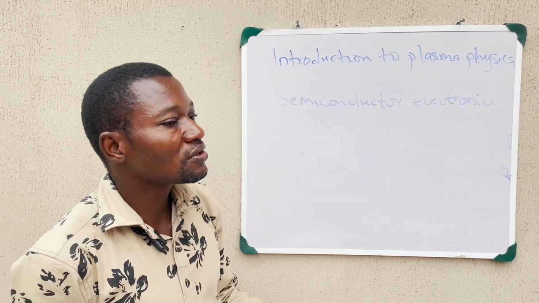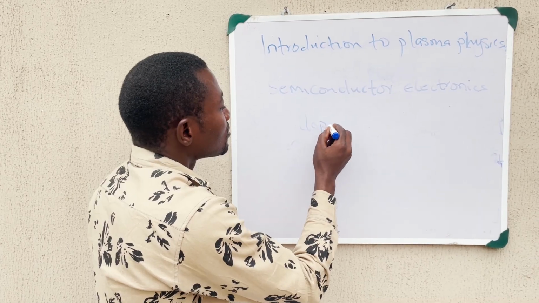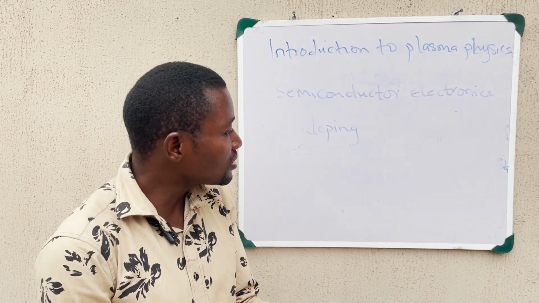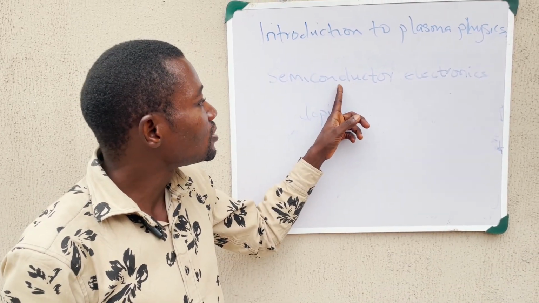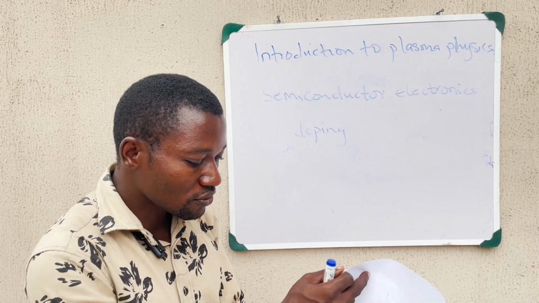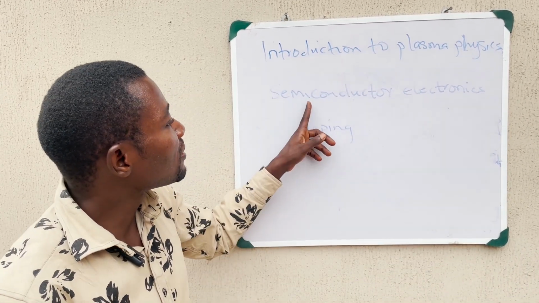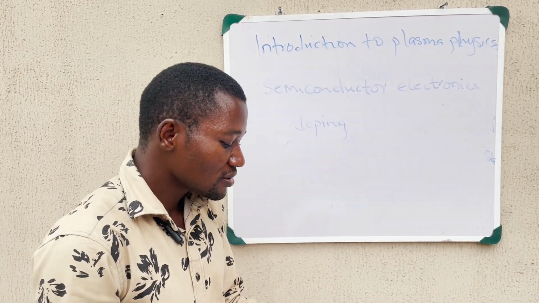However, a semiconductor can, through a process called doping, whereby impurity is inserted into it, become a good conductor. So, plasma has been applied in semiconductor electronics.